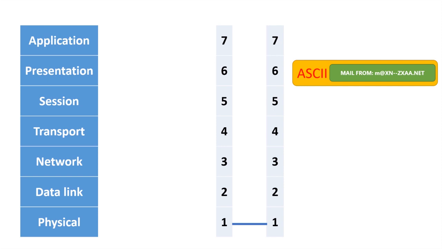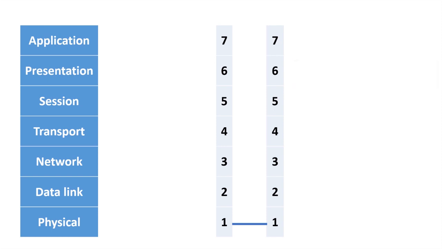Once it's done that translation from ASCII to whatever the email server actually needs, it will discard the information that its incoming message was encoded in ASCII, and it's only the payload that will be passed up to layer 7.